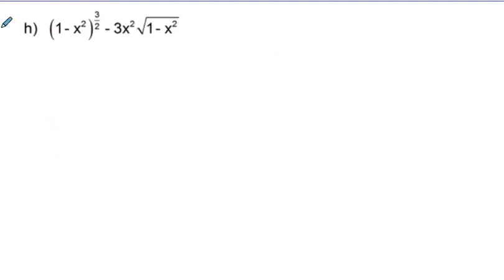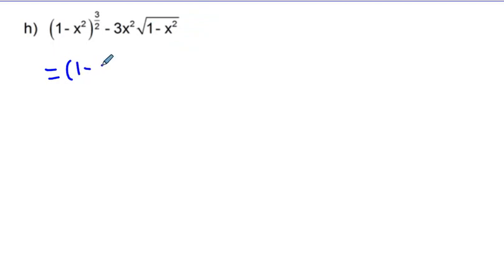Okay, h. Now here we're given a combination of rational and radical in the terms. Well, the square root of 1 minus x squared is 1 minus x squared to the 1/2 power. So I'm going to rewrite this expression in rational form.